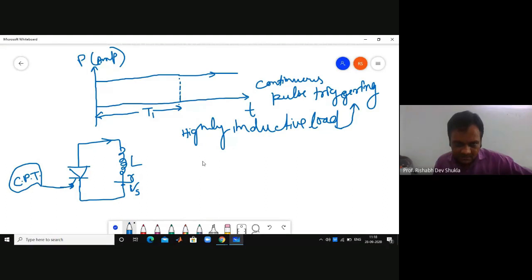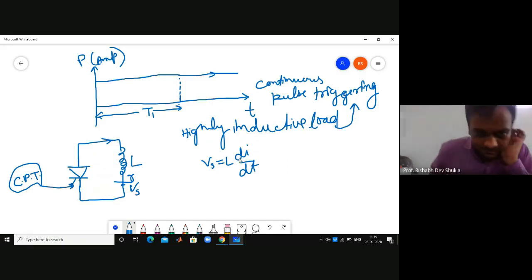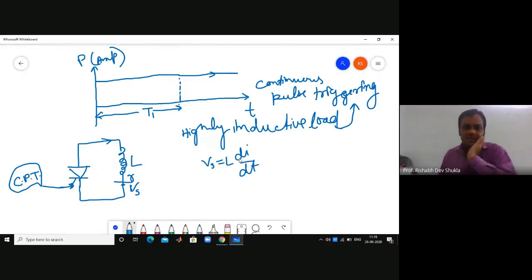Why? If you are going to write the equation, VS is equal to L di by dt. Am I correct? Yes, sir. If you neglect the small resistance, you will find VS is equal to L di by dt.